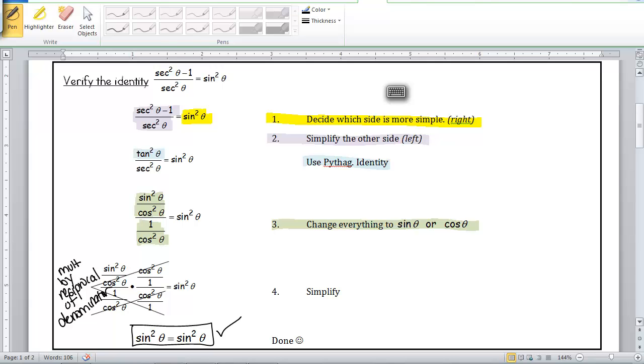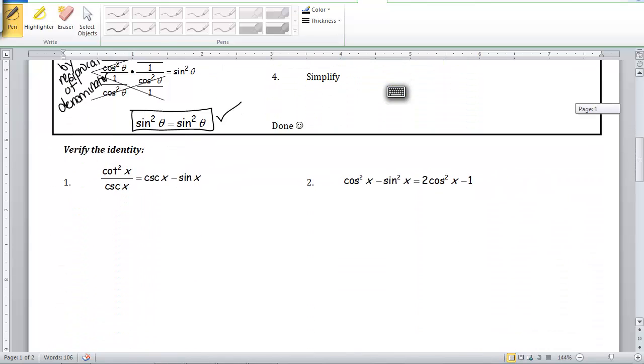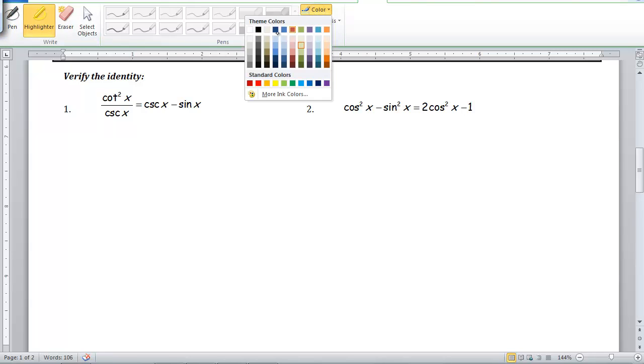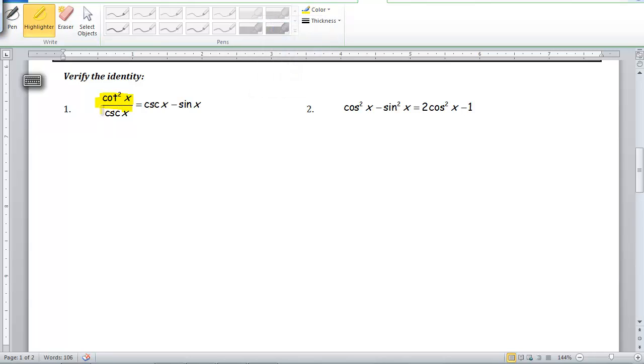Let's now try another example. In number 1, it's hard to tell which side is more simplified. When that's the case, I would usually recommend just go ahead and simplify the left side.